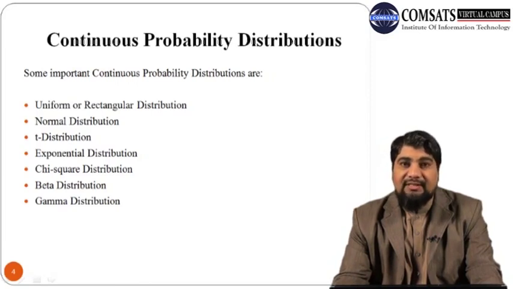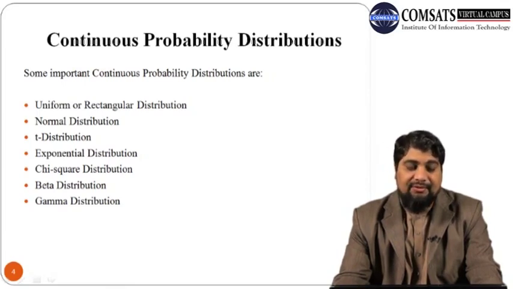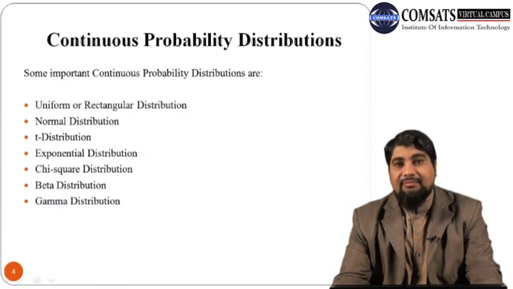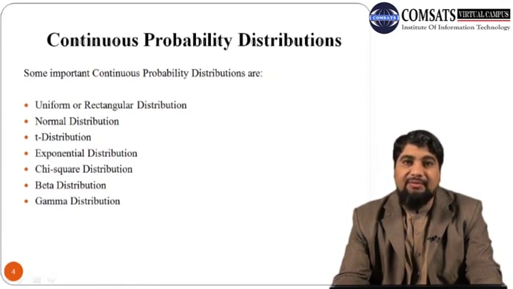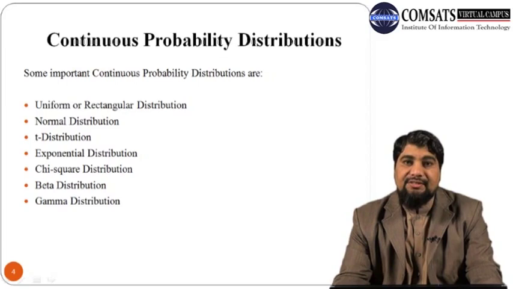In our next lecture we will discuss the normal distribution, which is the most commonly used and most comprehensive distribution, and we will also see certain important features of it. As far as the exponential, chi-square, beta, gamma and t distributions are concerned, we will not consider them in this course; you will study them in some advanced course.